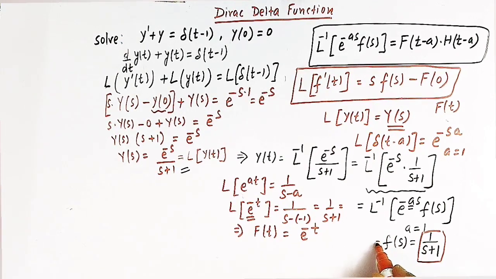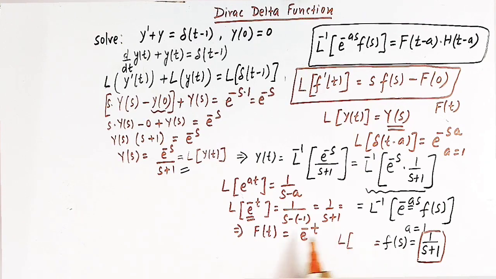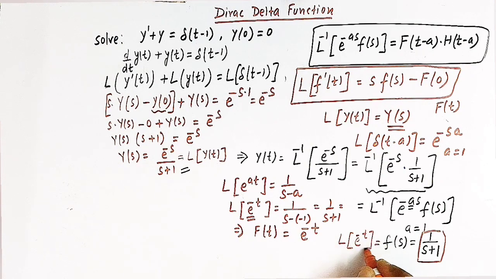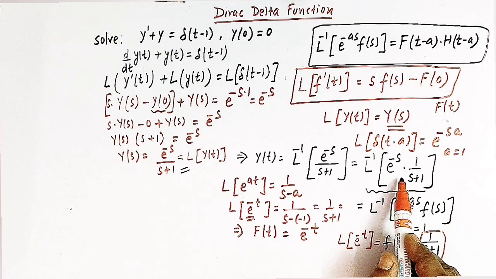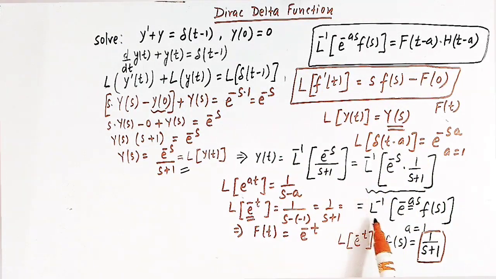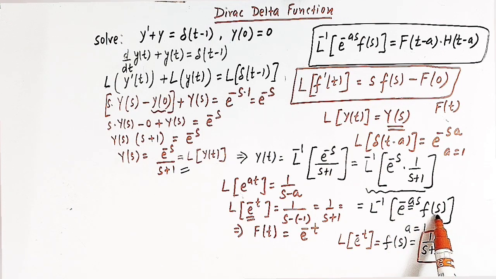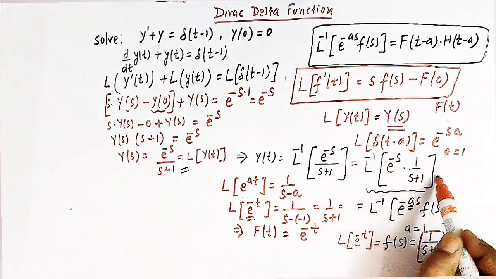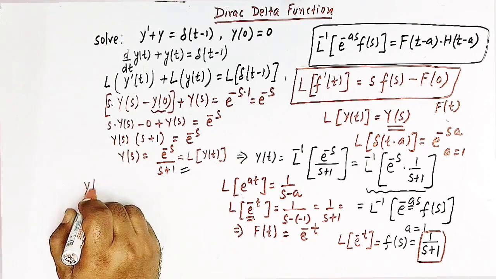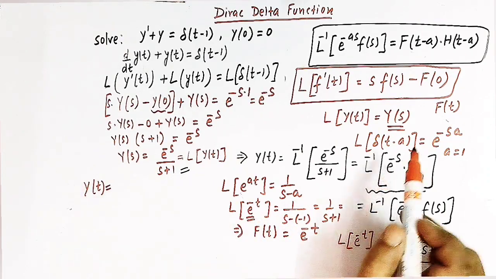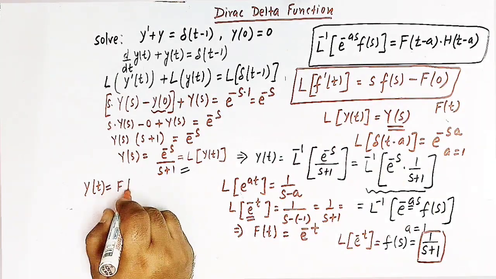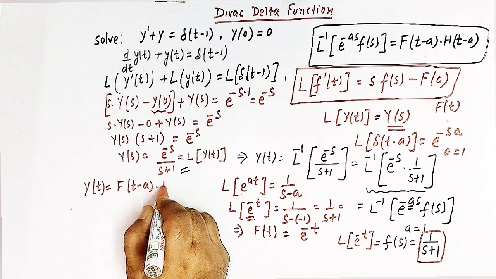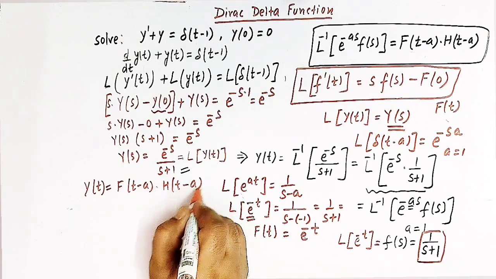Now f of s can be written as L of f of t, and f of t is e raised to minus t, right? So now this expression, that is the inverse Laplace transform of e raised to minus as f of s, is equal to the product of these two functions, right? So this expression, that is our function y of t, is now equal to f of t minus a times h of t minus a, right?